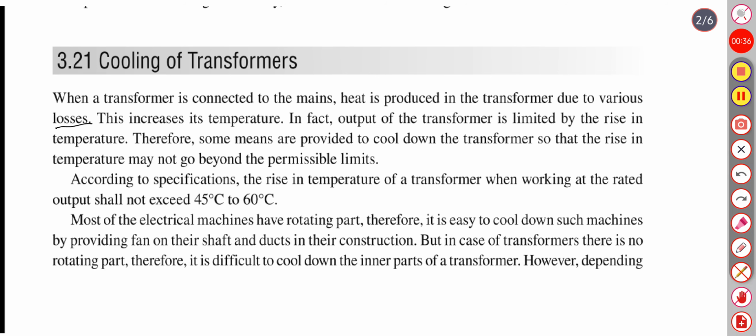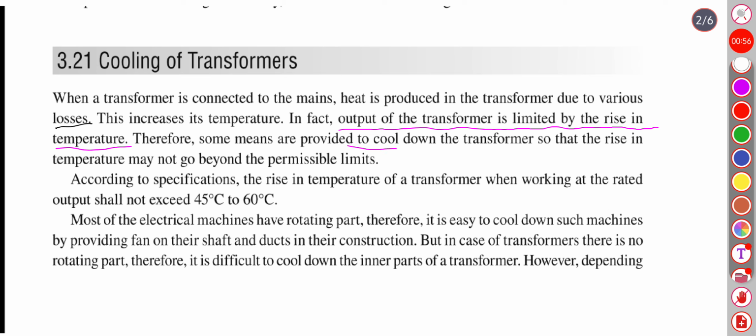This increases the temperature of the transformer, and the output of the transformer is limited by the rise in temperature. Therefore, some means are provided to cool down the transformer so that the rise in temperature may not go beyond the permissible limits.